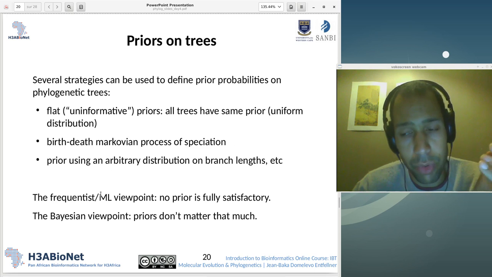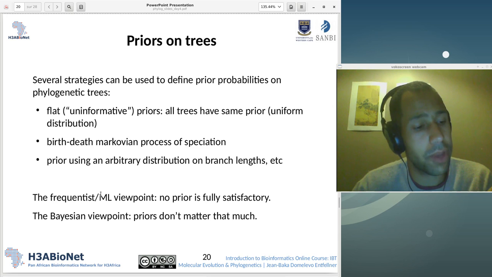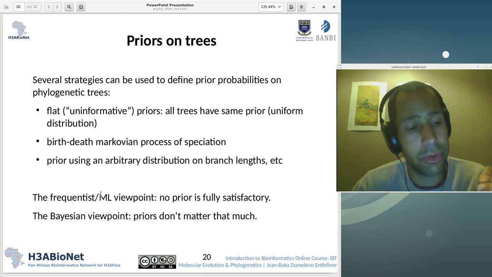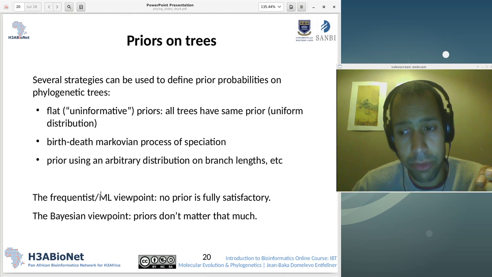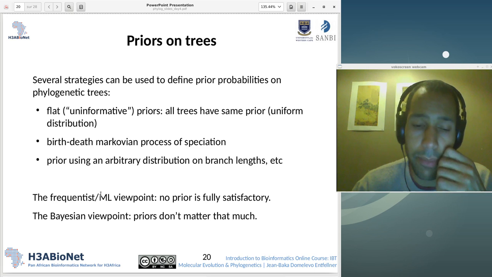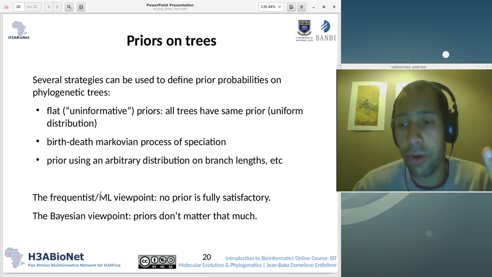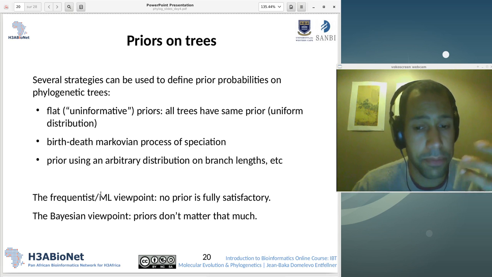So the people who are advocates of the maximum likelihood framework, that's one of the criticisms they have against Bayesian methods. They say, okay, look, if you're using the Bayesian viewpoint, you have to use priors, and no priors are satisfactory.